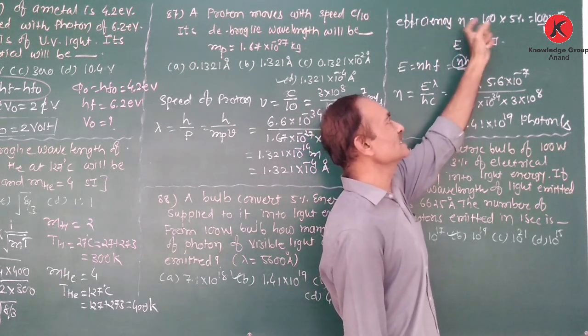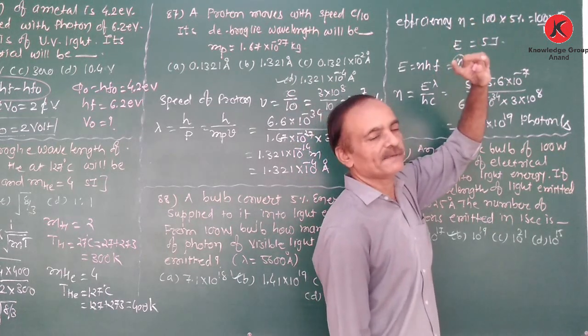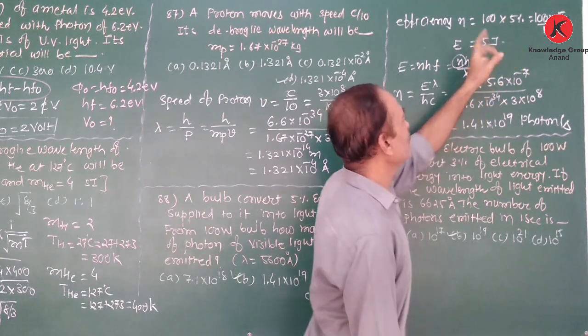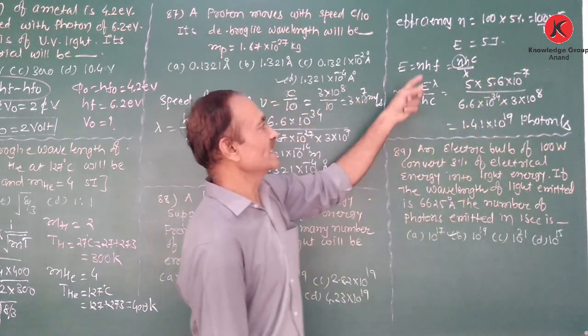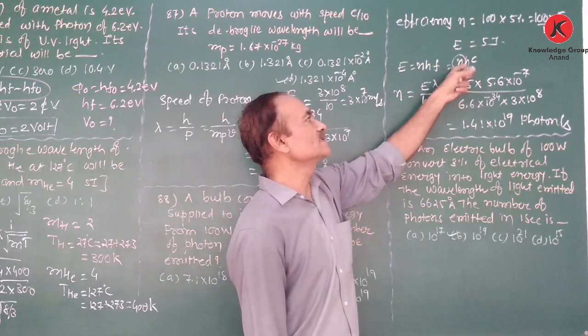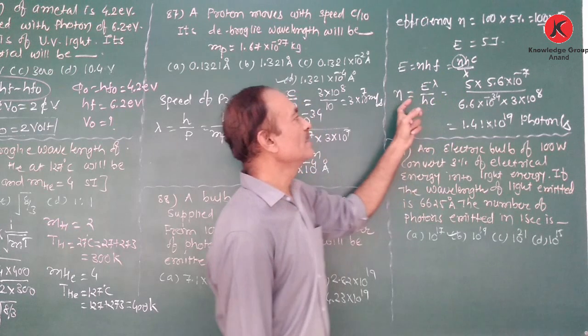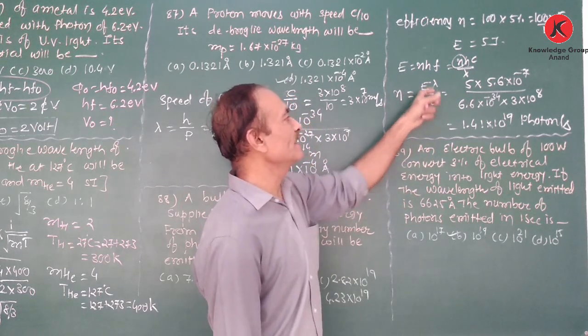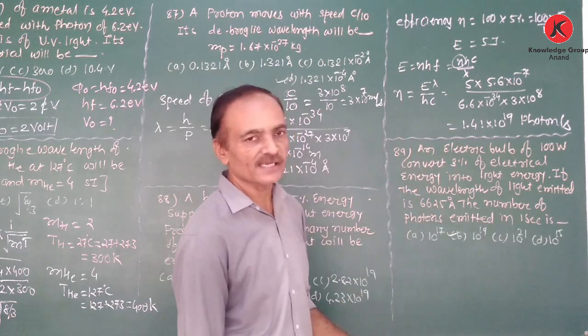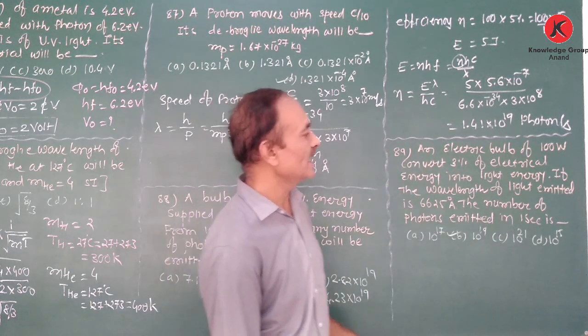Now, efficiency gives E into 5%. Therefore, 100 into 5%, therefore 5. Now, in this energy, suppose n photons are present, so E is equal to nhf, which is equal to nhc upon lambda. We find n, therefore E lambda upon hc. That is 1.41 into 10 to the 19 photons per second are emitted.